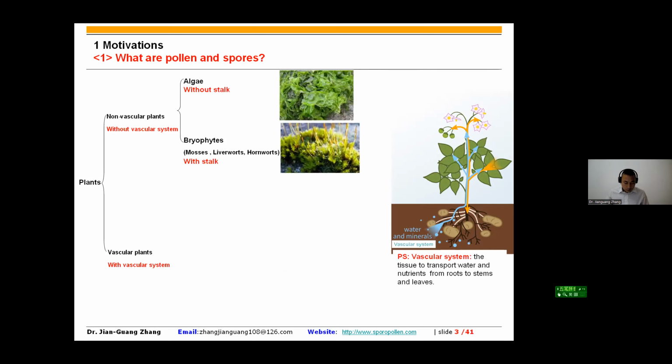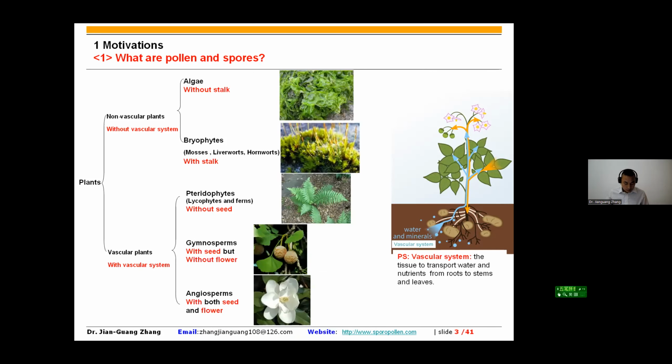The non-vascular plants are divided into algae without stalk and bryophytes with stalk. The vascular plants are divided into pteridophytes without seed, gymnosperms with seed but without flower, and angiosperms with both seed and flower.